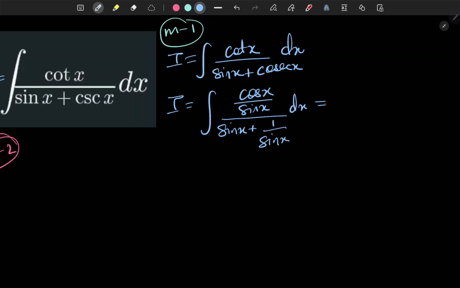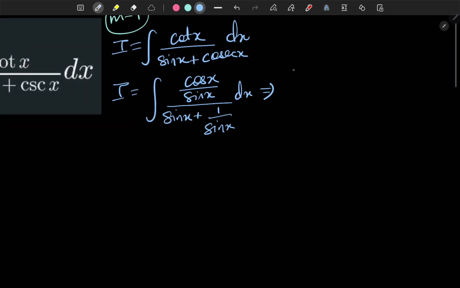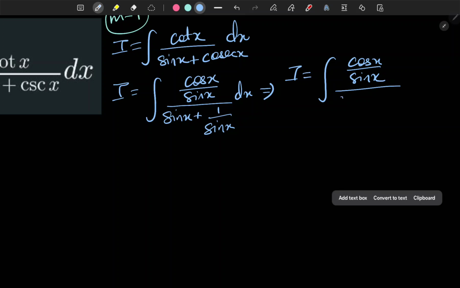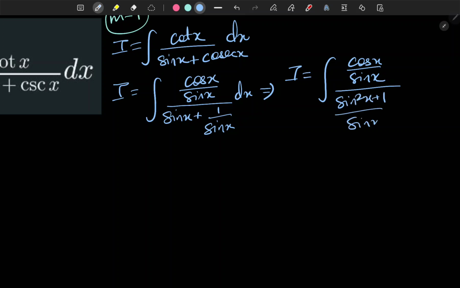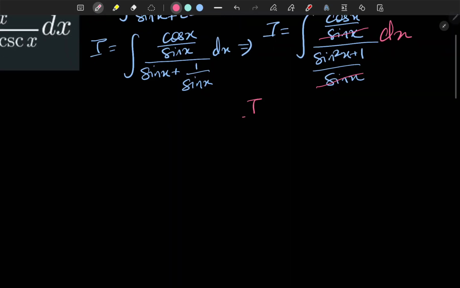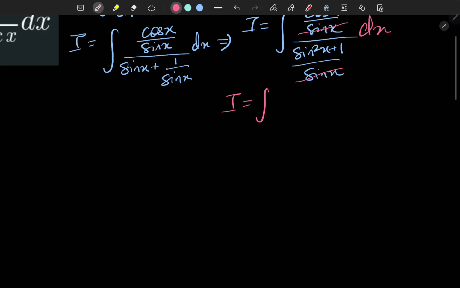So our I is the integral of cosine of x over sine of x, times 1 over sine of x plus 1 over sine of x, dx. Now you can see that sine of x cancels out, and our I is now very simple: cosine of x dx over sine squared of x plus 1.